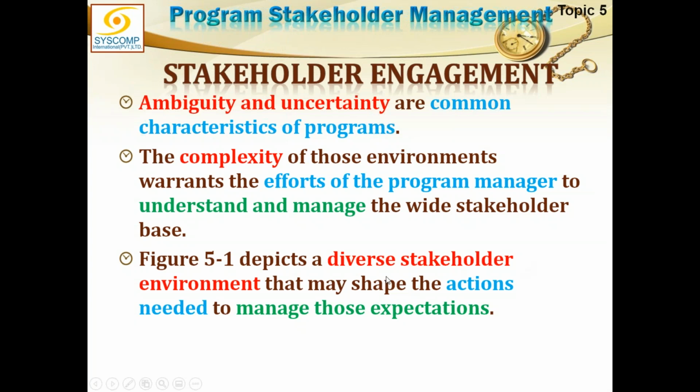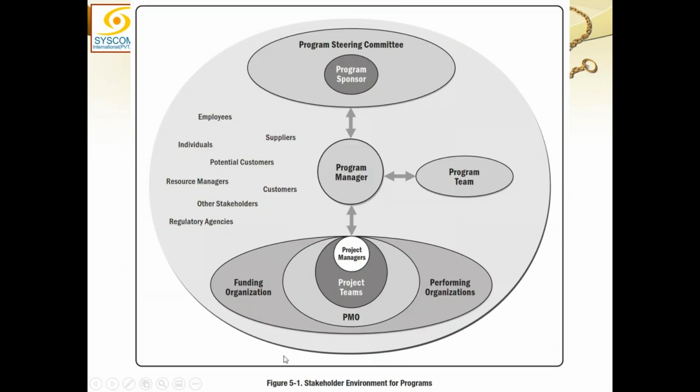Figure 5.1 depicts a diverse stakeholder environment that may shape the actions needed to manage those expectations. So here what we have is the stakeholder environment for programs. This is the program manager with his program team. He has a certain number of project managers who are working with their project teams under the RPMO and overall within the performing organization.